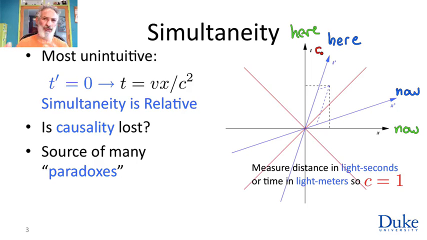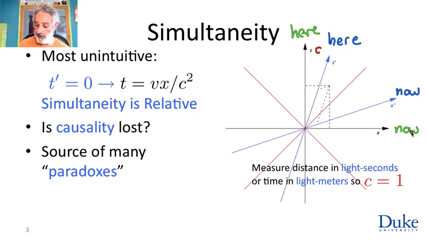In my field, we do that all the time anyway, and so I have to remind myself to put the c's in. The c's will be in all my equations. I do not promise to always remember to plot ct on this plot, but I am indeed plotting ct. And if you remember that what you're plotting is ct, then you can see that the geometry of the situation is as depicted here. The 45-degree world line of a light beam bisects the angle between the time and space axis for any observer.